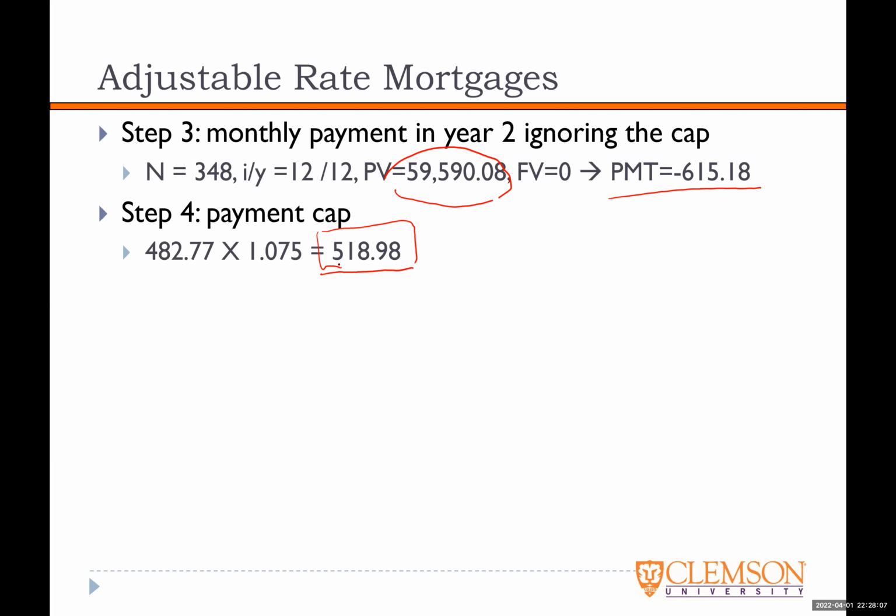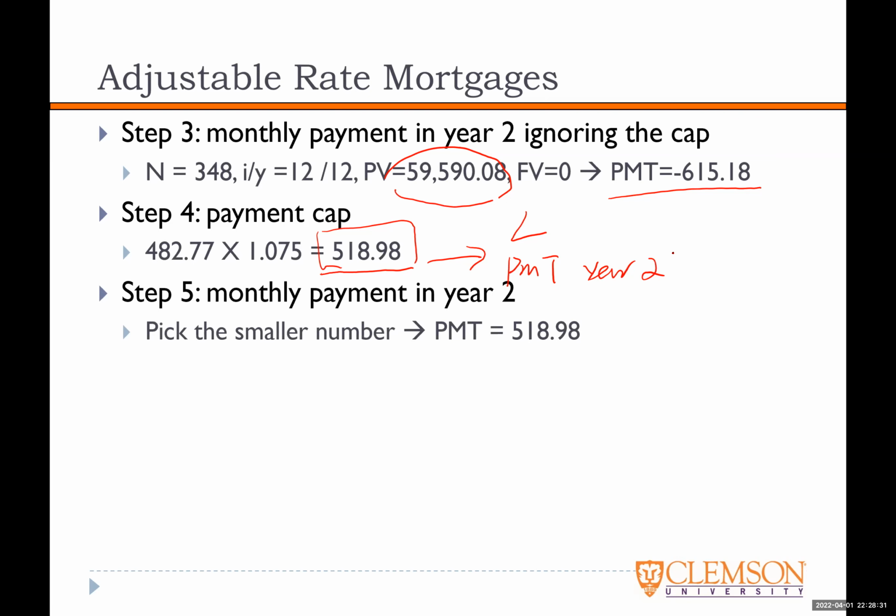So you compare the maximum payment with the new payment ignoring the cap. We see that the capped amount is less than the amount you should pay without the cap. So this would be the monthly payment in year 2. So the cap actually worked.